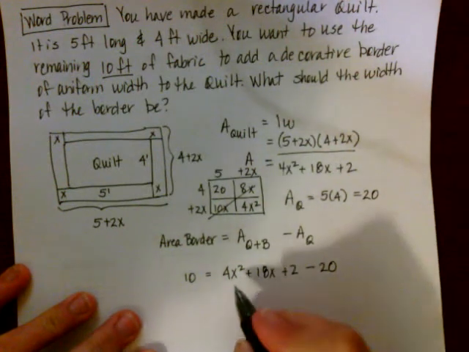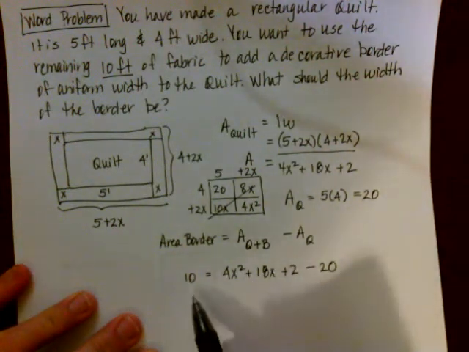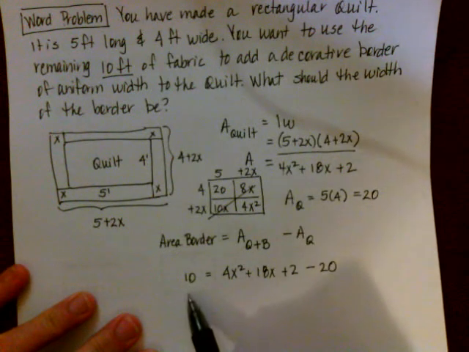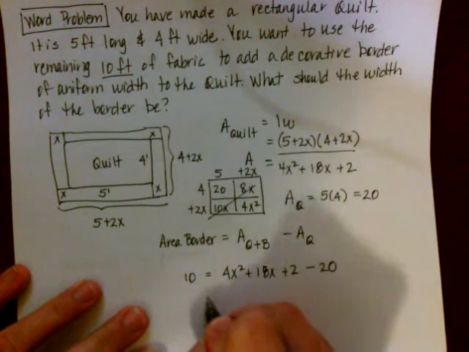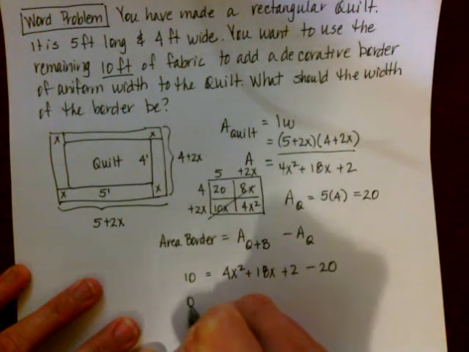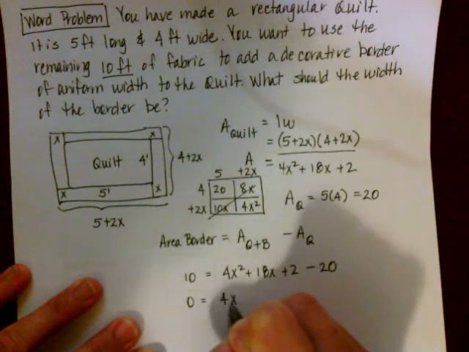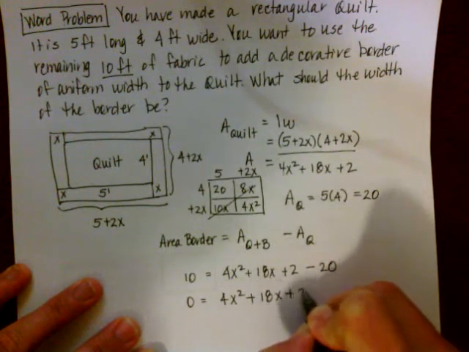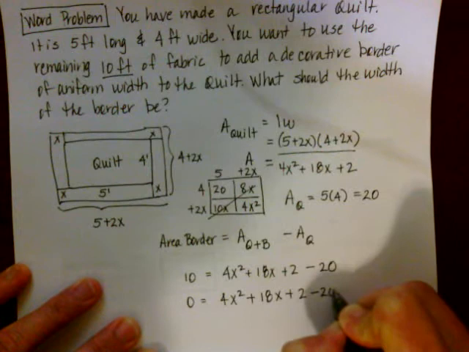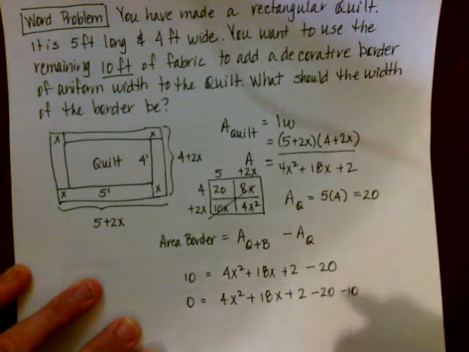Alrighty, so now I'm going to solve this quadratic. I can't solve the quadratic until I take the 10 to the other side and combine like terms. So I get 0 is equal to 4x squared plus 18x plus 2 minus 20 and minus 10.